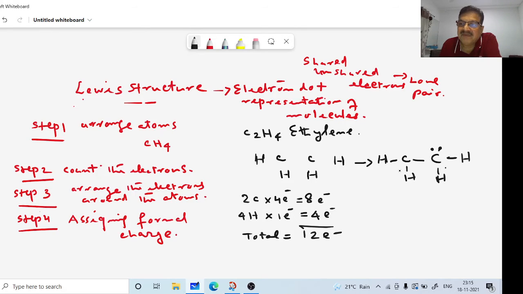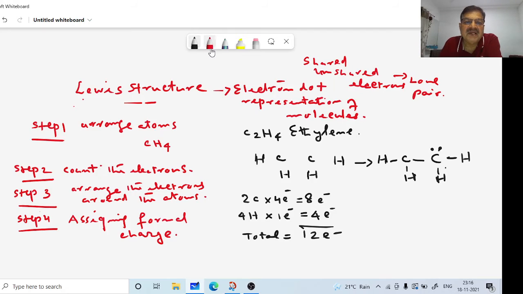Even then, this carbon does not have an octet. So to give both carbons an octet, one lone pair is to be converted into a bonding pair of electrons between the 2 carbon atoms, forming a double bond.